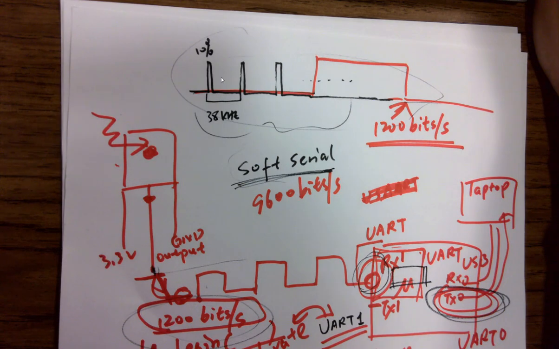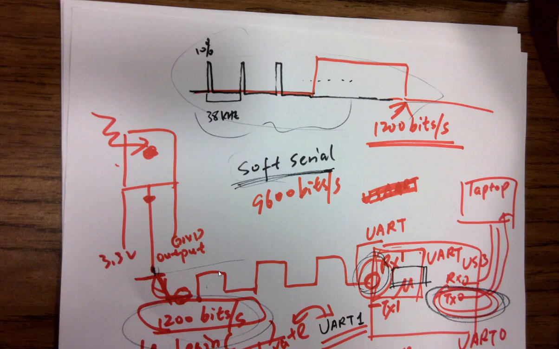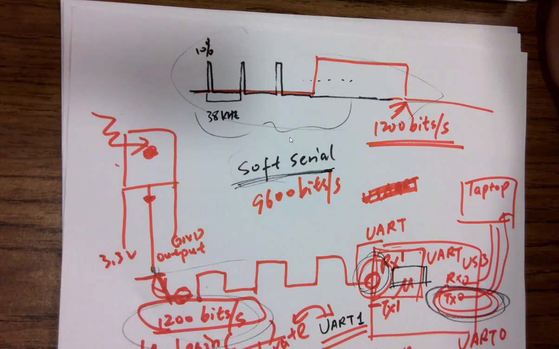That's how you form these pulses. These pulses will be sent in that manner and eventually received by the decoder as a UART signal by following a certain protocol. That's how we do it.